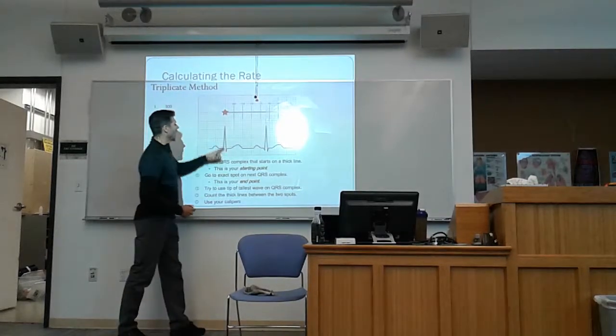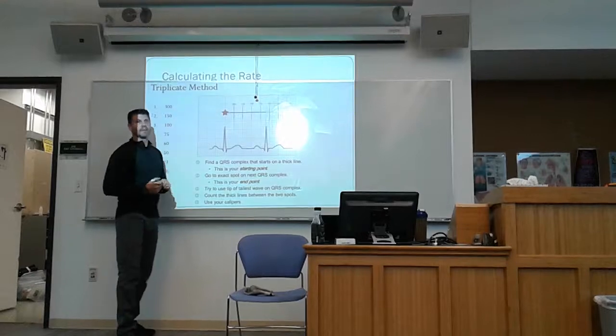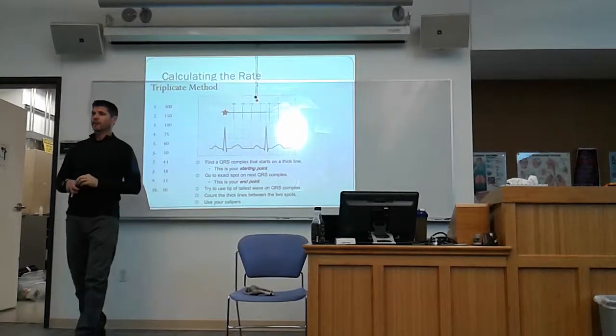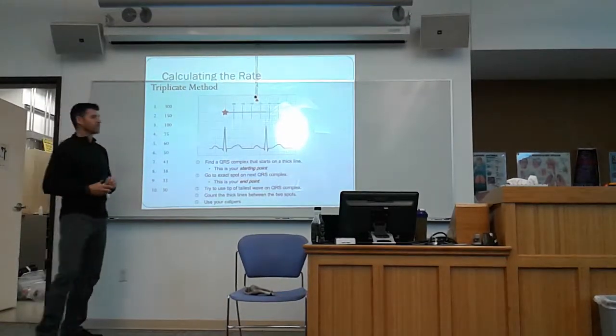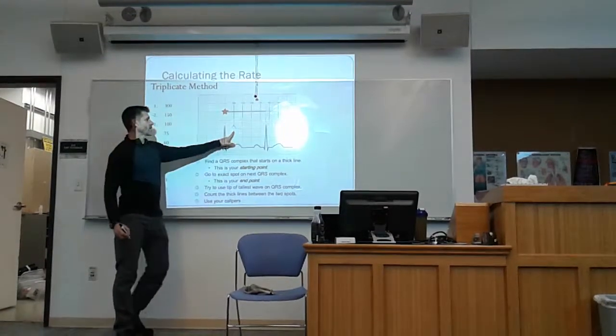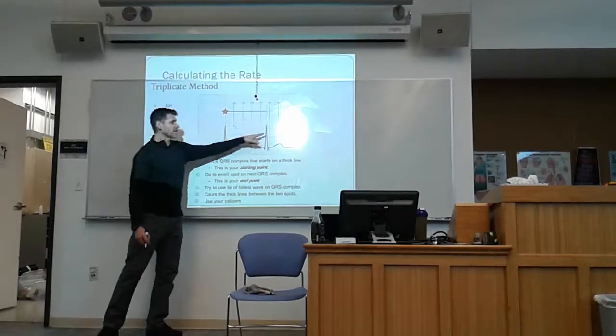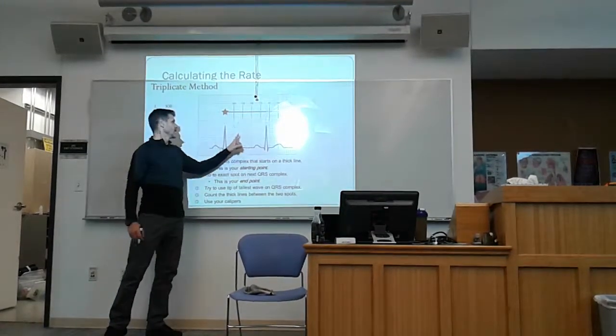If my next QRS complex comes 5 little blocks later, which is on the next big line, and every QRS complex is falling that way, then my heart rate would be 300 per minute.